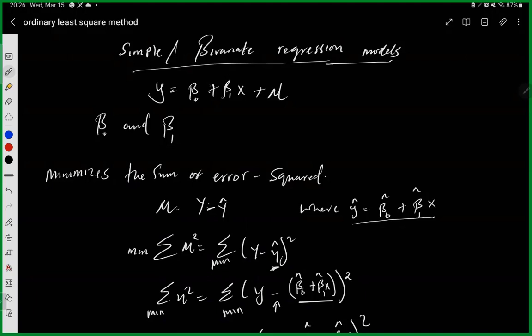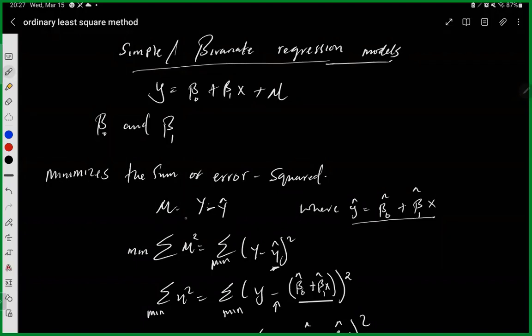So intuitively, we want to know how we get this beta naught and how we get this beta 1. The ordinary least square method minimizes the error to get beta naught and beta 1.